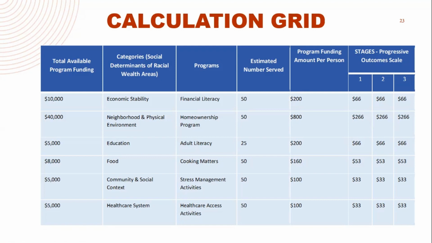However, if they only reach stage 2, then we have a significant amount of money left per person. And that's something that we really want to look at and consider if we have particular indicators that are related to policy and systems change. We also want those to be at a stage 3.